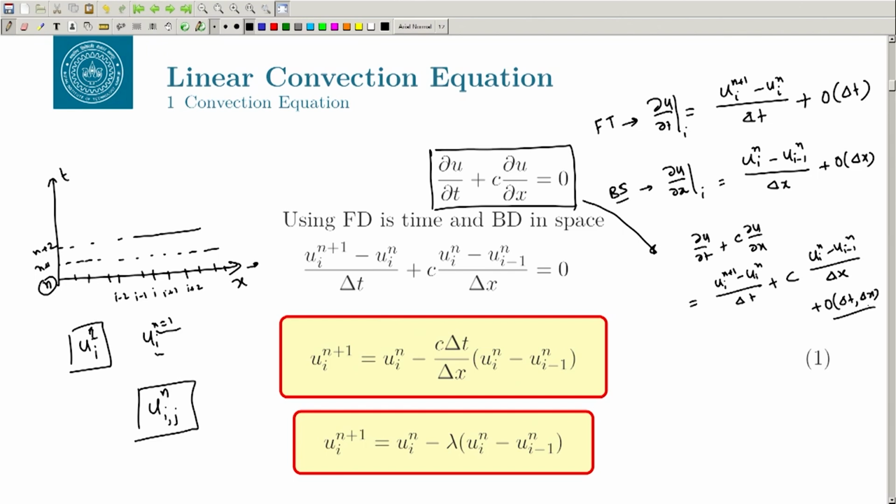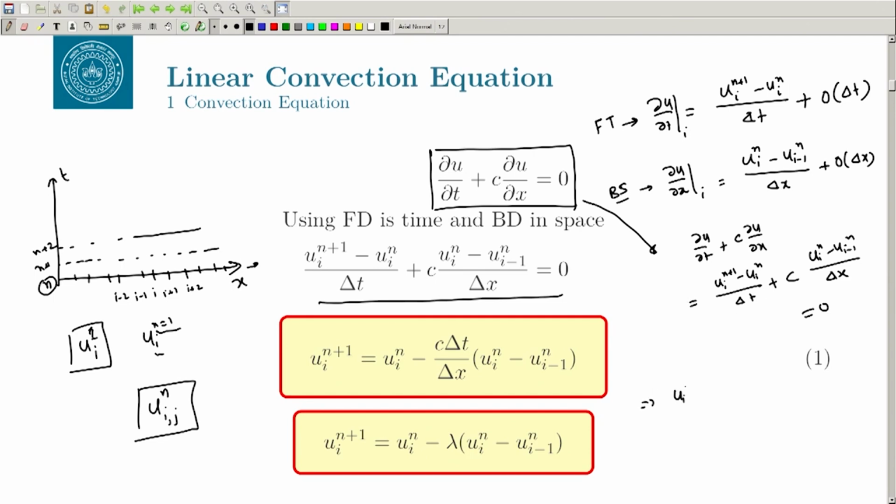So, it is first order in time and first order in space. Because the value is 0 on the right hand side, if you put this approximation equal to 0, you can rearrange it.